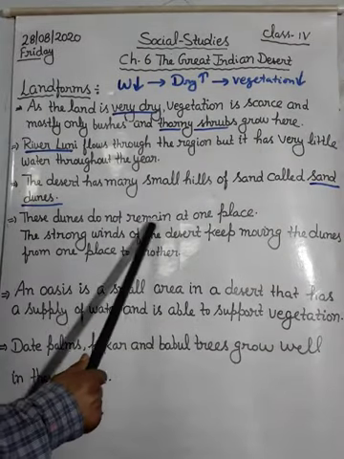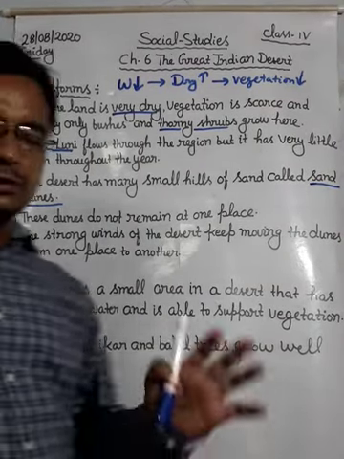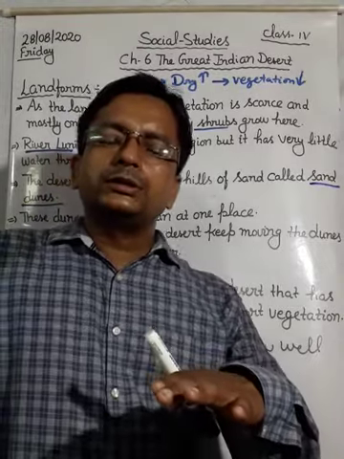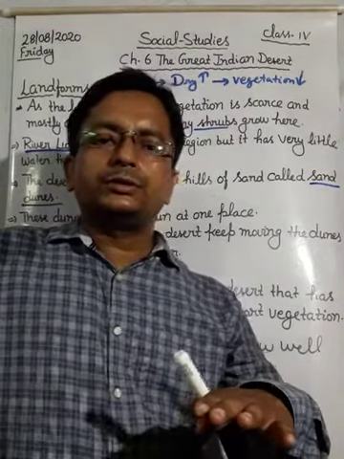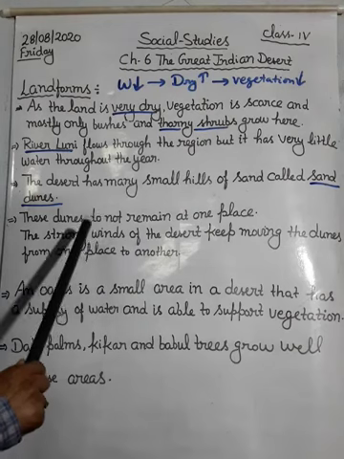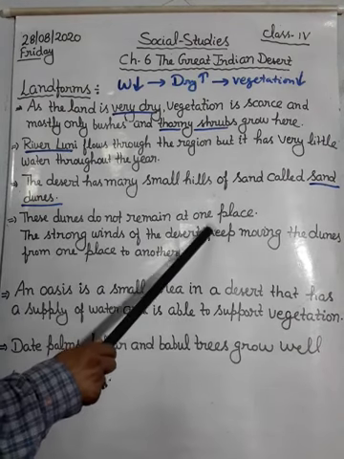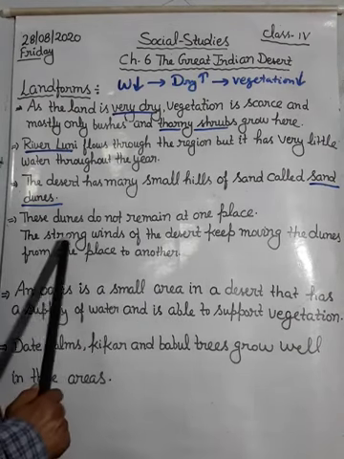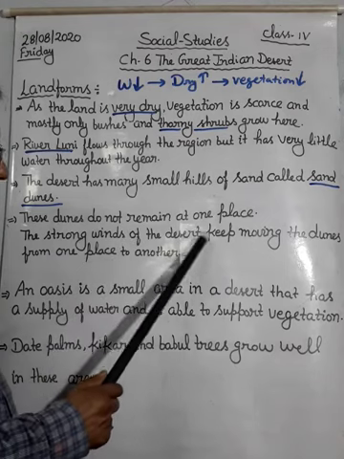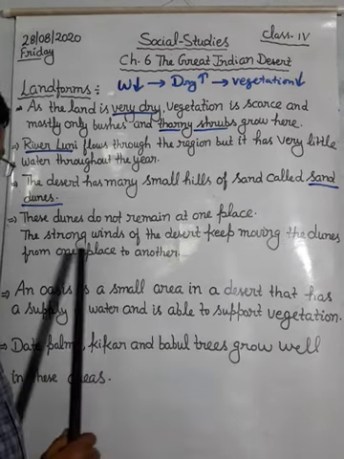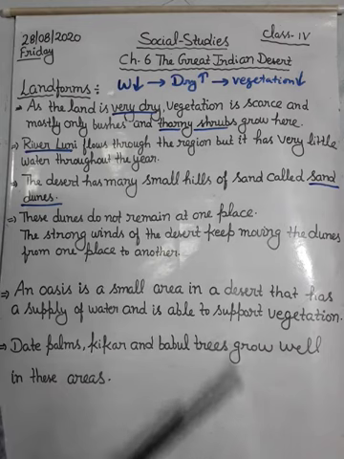These dunes do not remain at one place. These small hills of sand are not going to remain at one place. The strong wind of the desert keeps moving the dunes from one place to another.